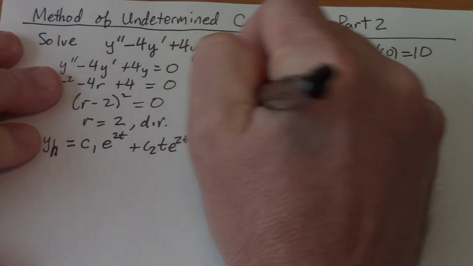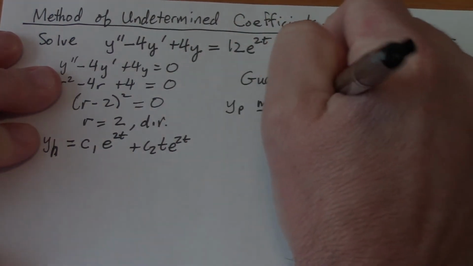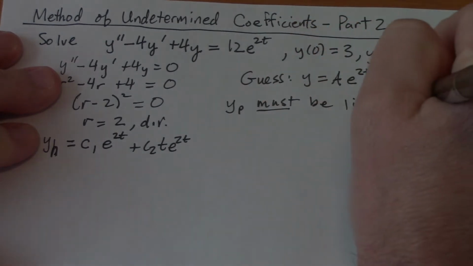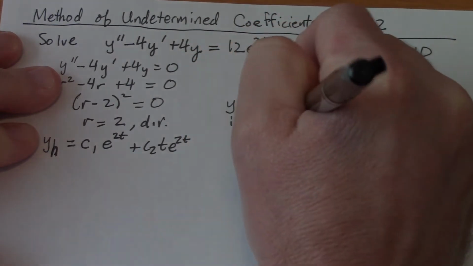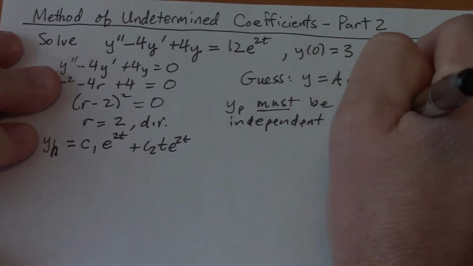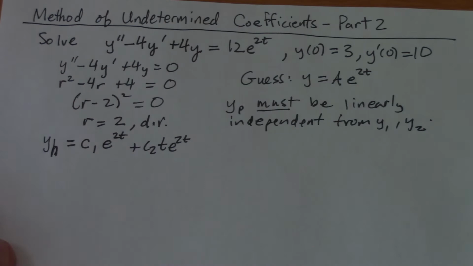Okay, yp must be linearly independent from y1 and y2, or else yp is just a homogeneous solution.